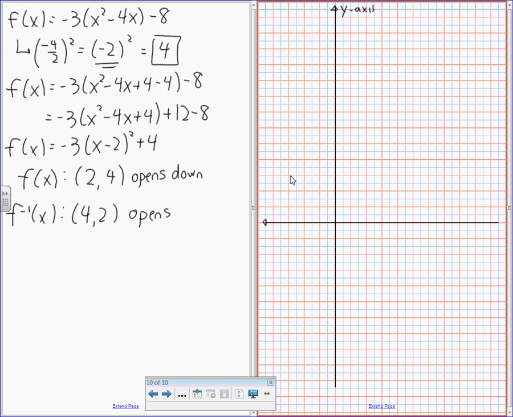So I gotta get to 4, so 0, 1, 2, that's maybe not going to work. There's my x-axis. There's 0, 1, 2, 3, 4, 5, 6.